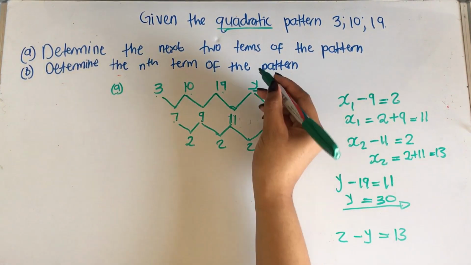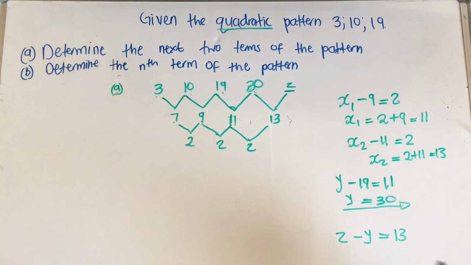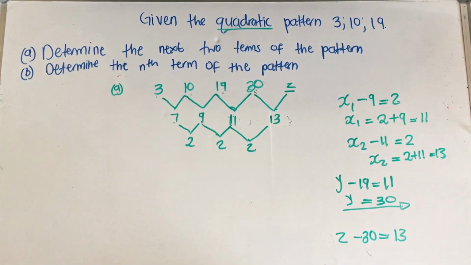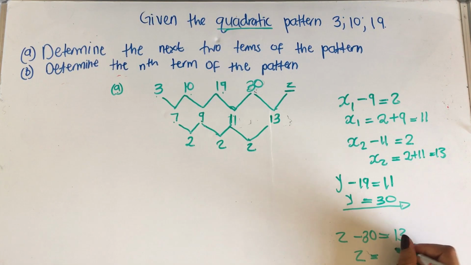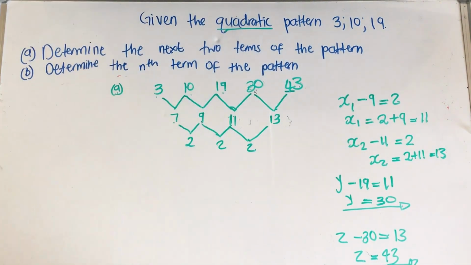So now that we know my y is 30, I'm just gonna put 30 here, and then therefore my z is equal to 13 plus 30, which will give us 43, and my z is 43.